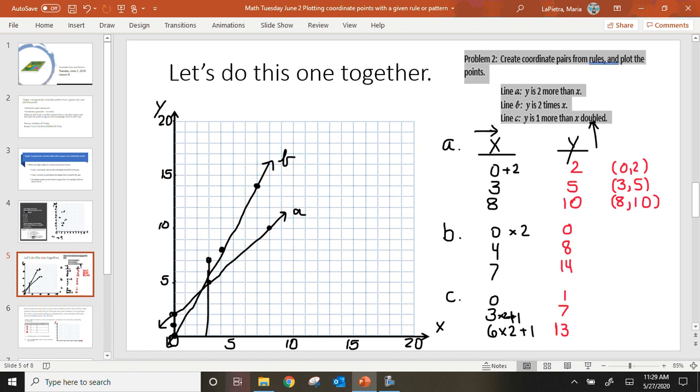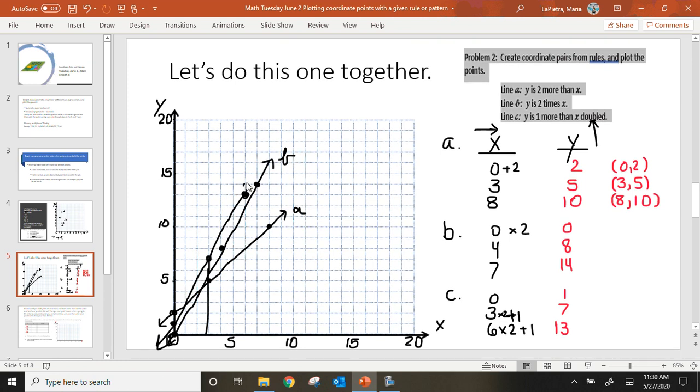I'm over to 6, and I'm up to the 13, right here. So I'm going to try to, again, go through my points as straight as I can. And we're going to label that line C.